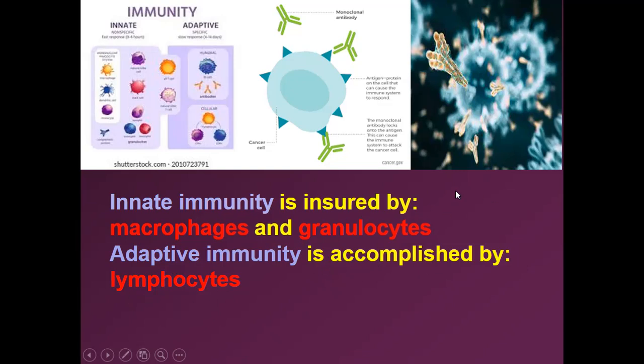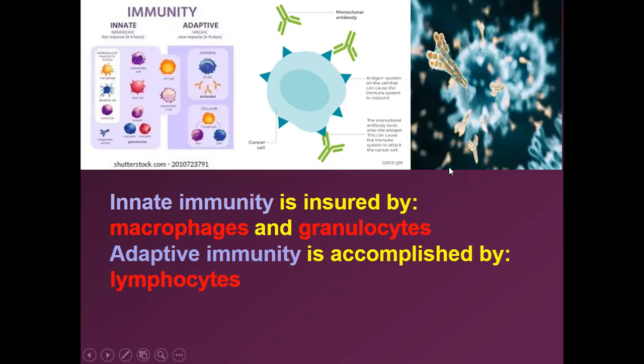Why this classification? In order to show the importance of the molecules of immunity, which are the antibodies, for example, secreted by B lymphocytes or present on the cell surface. Their role is very important in order to neutralize and capture all the invaders.